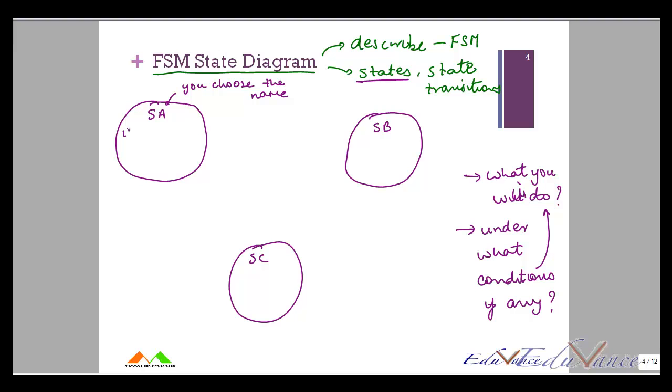For example, if m is greater than n, this is just a dummy example that I'm taking. Please understand the concept. I will take a practical example of a divider in the next few slides. So if m is greater than n, then x must get a and y must get b. So under the condition that m is greater than n, x will get a and y will get b.